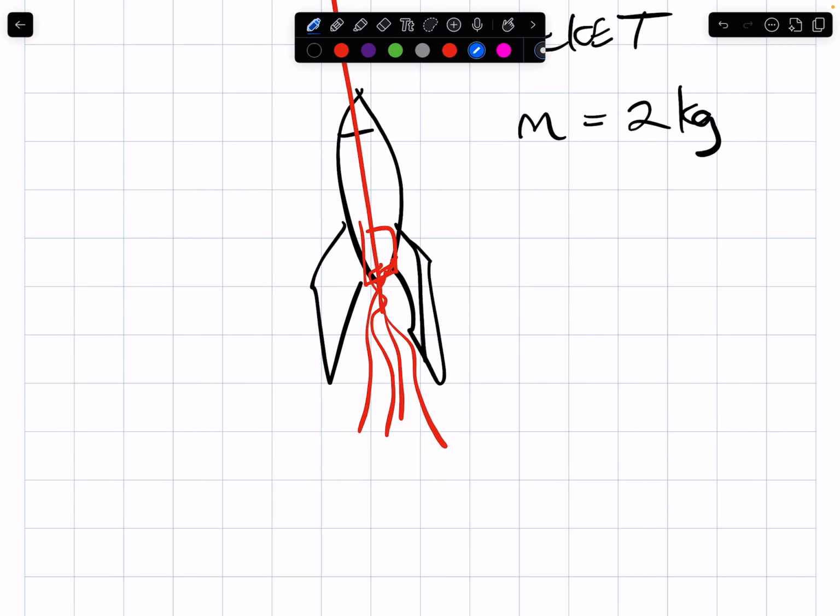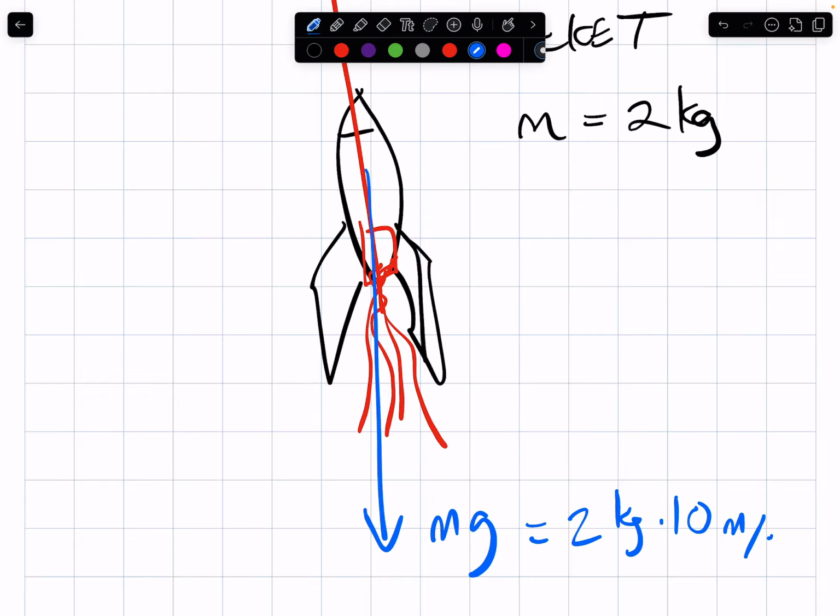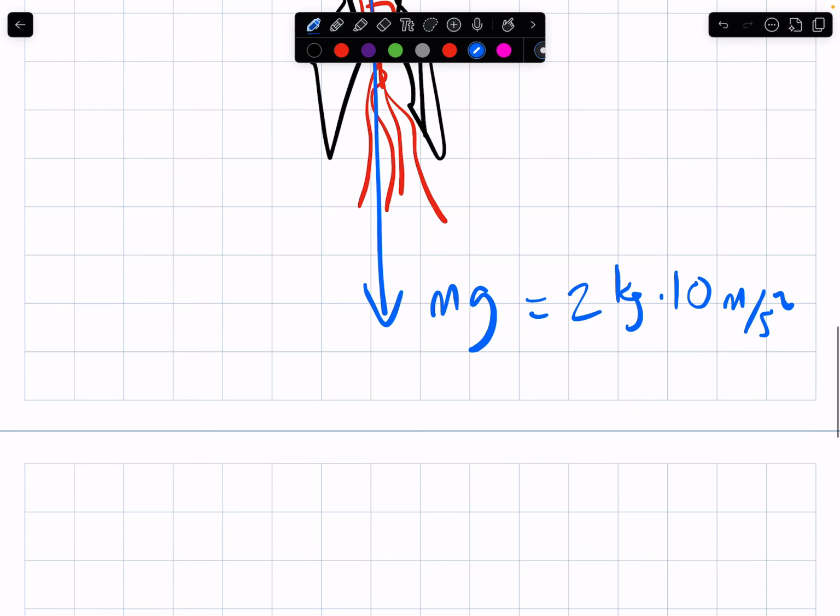So the other force acting on this rocket is its weight, which is mg. So mg is going to be 2 kilograms times little g, 10 meters per second squared. And so 2 times 10 is 20. And a kilogram times a meter per second squared is called a newton.